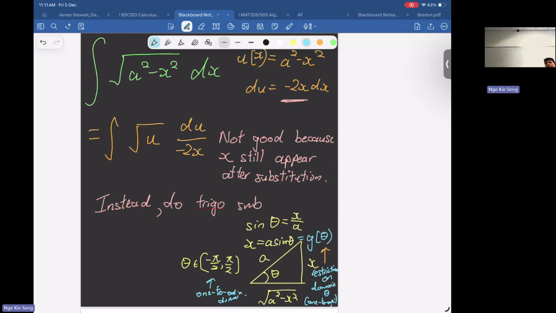Any question so far? Okay, good. So we turn a polynomial function or the square root function of a polynomial into a polynomial in trigonometry.